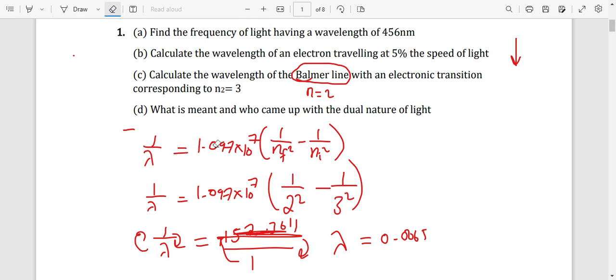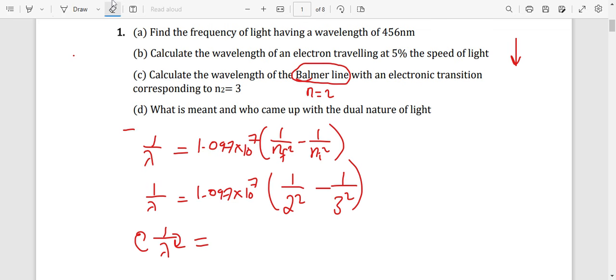So I got a wrong value when I punched. Just make sure that you punch correctly because we end up losing marks for something like that. 1523611.111. So all I'm going to do is take the inverse of this value.